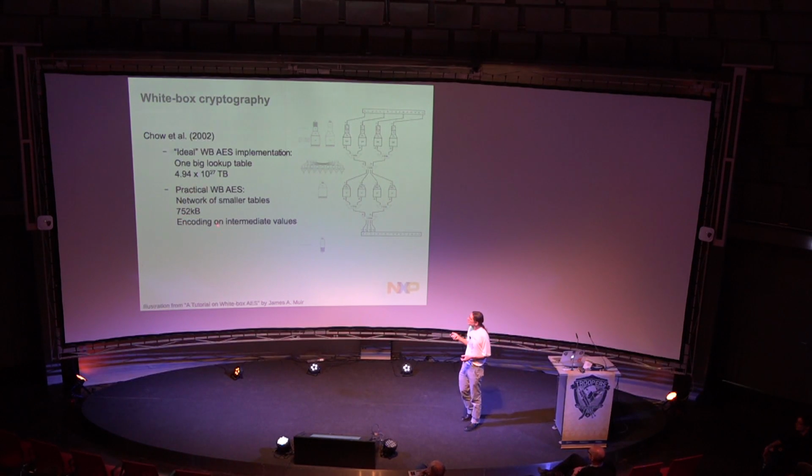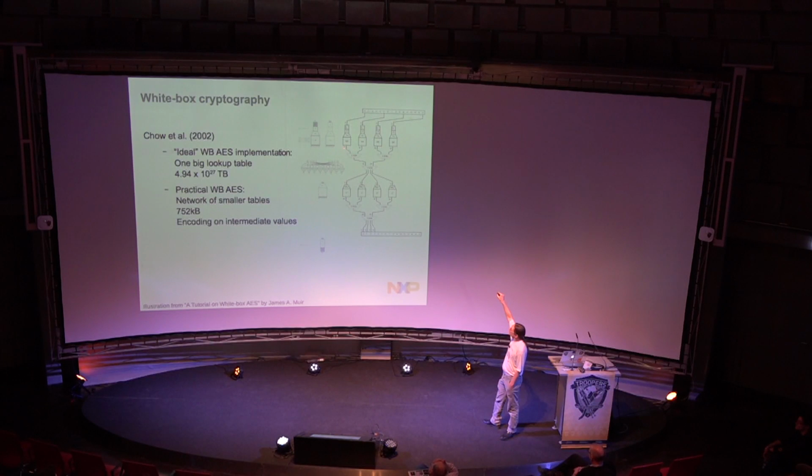So he's encoding these values, which means that in between each of the tables, the output is encoded with a random table, and the input of the next table is decoding this intermediate encoding. So if you observe what happens, whether here or there, it's not the plain value. It's a value which is masked with a randomly generated table.